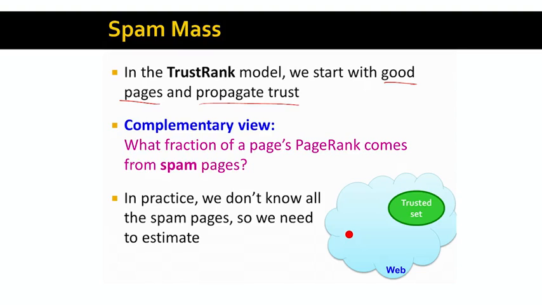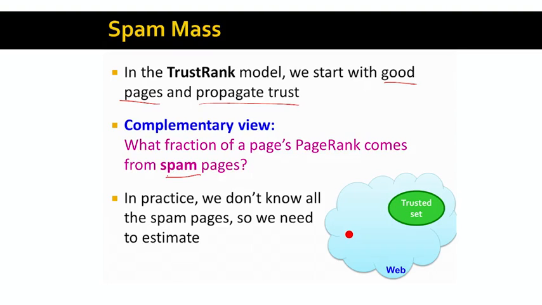Our goal will be to ask what fraction of PageRank comes from the spam pages. So we would not ask what your proximity to the trusted part of the web is, but rather estimate what fraction of the PageRank score of a given page comes from the spam. In practice, we don't know the answer to this question, but we need to estimate it.